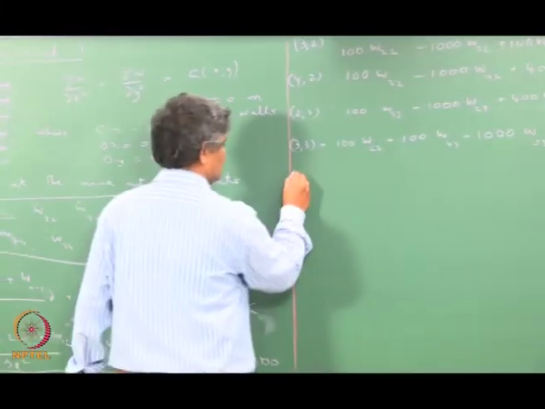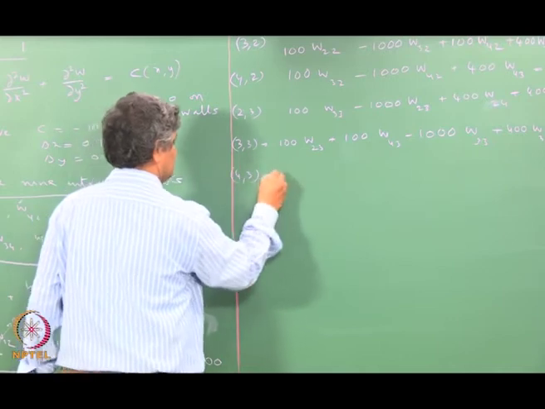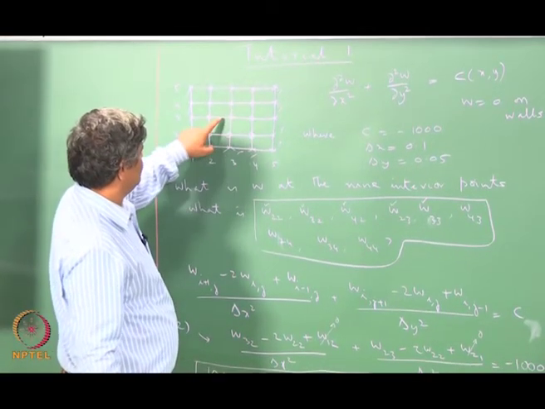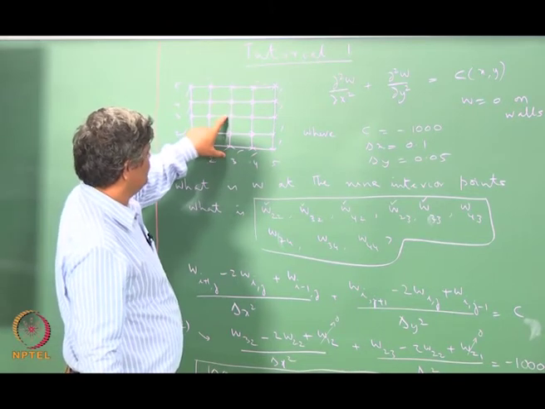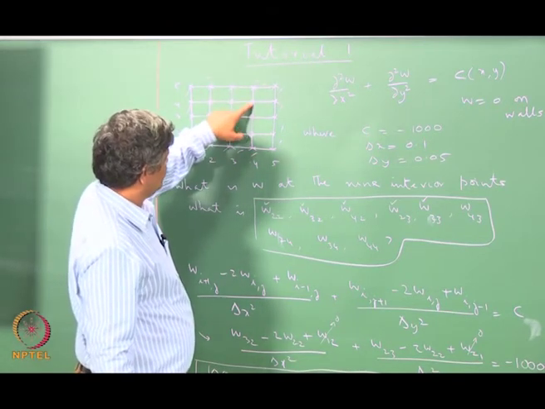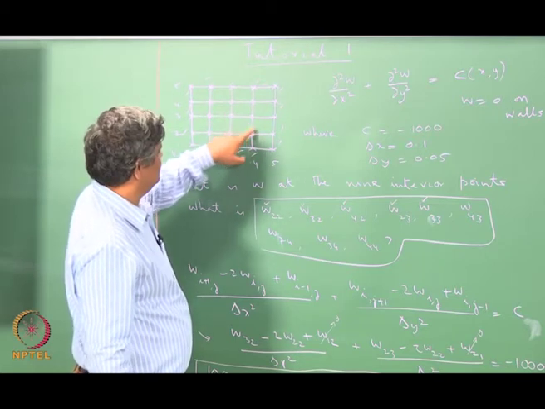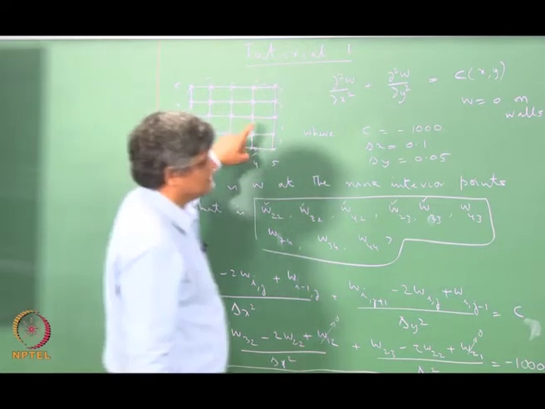We can also write for 43. 43 is this point here. So, we have 100 of 33, 400 of 44, 400 of 42 and 1000 of this.